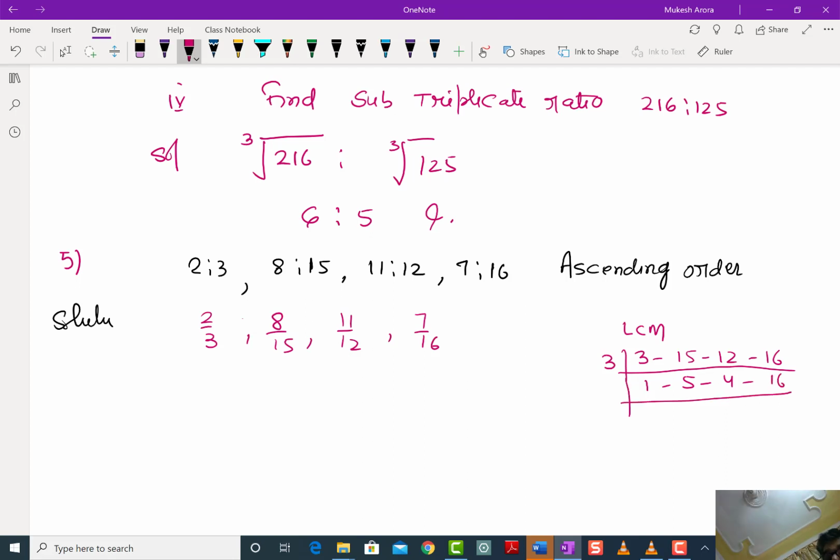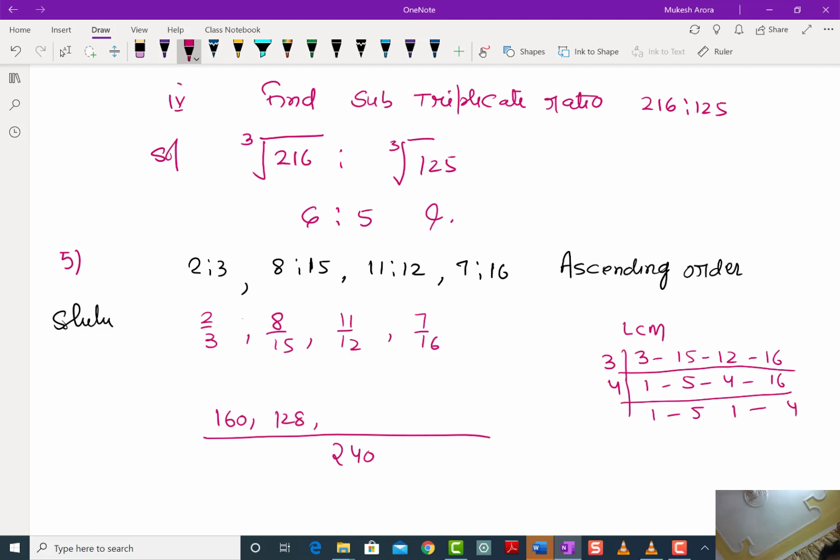And this will go by 4, 5, 1 and 4. 4 5s are 20, 4 4s are 80, LCM will be 240. 240 divided by 3 is 80, into 2, 160. 240 divided by 15 is 16, 16 into 8 is 128.